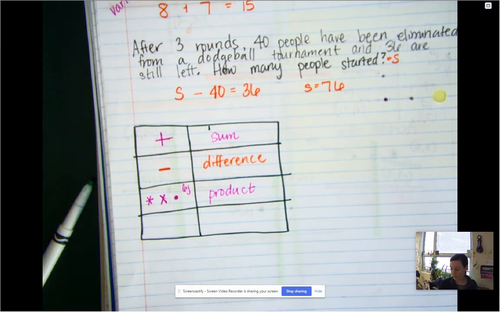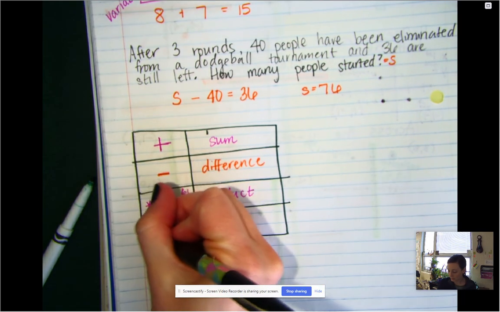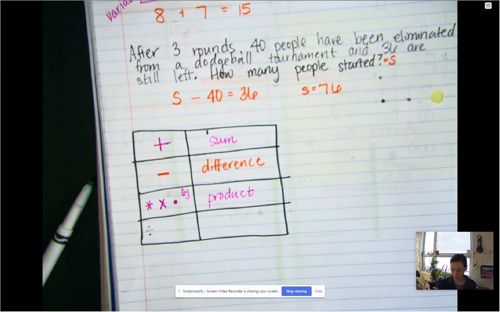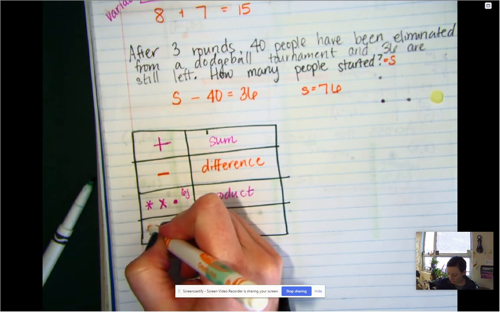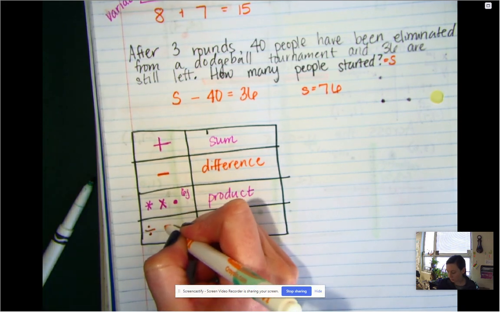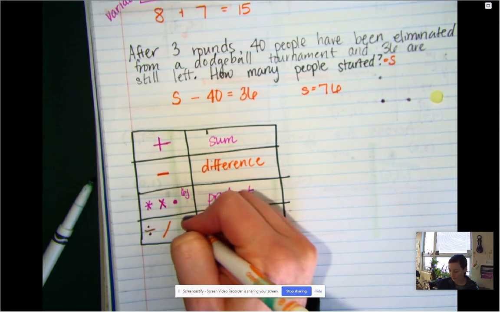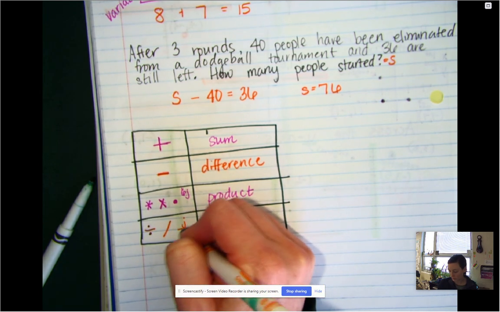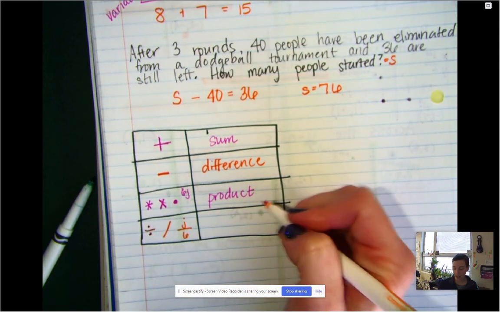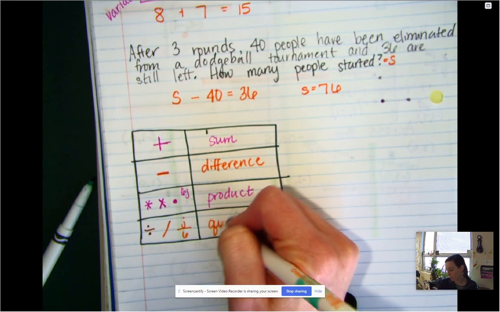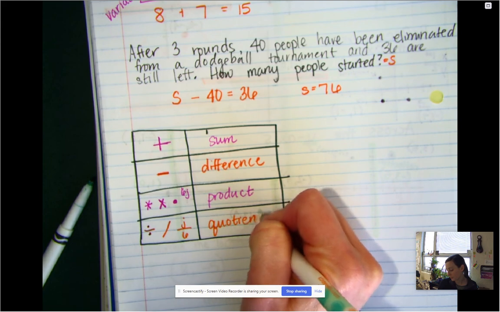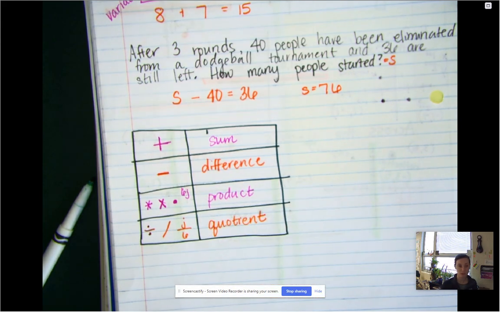And when it is division, which can be this sign, or the slash, or if we have something on top of something else like j over 6, that would mean divide. The answer to that is a quotient. That will be helpful for you to know going forward. All right, 7-1.